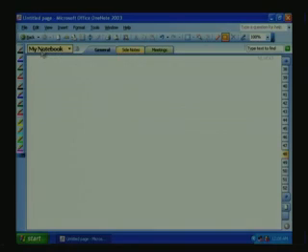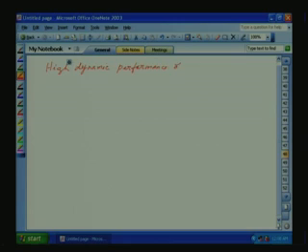So, this we call high dynamic performance of an induction motor drive, IM drive.